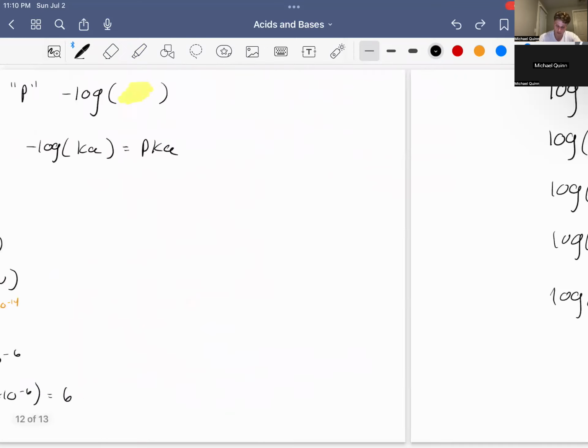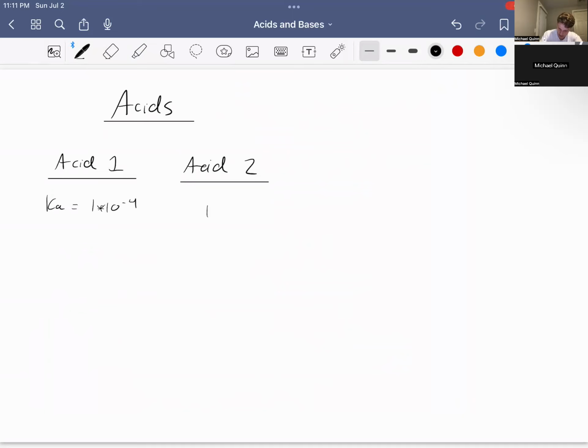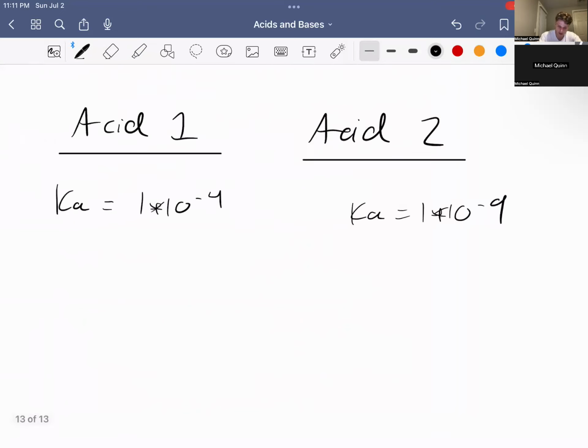It is important to note, if we're dealing with, say, two acids, acid 1 and acid 2. If the Ka for acid 1 is 1 times 10 to the negative 4, and the Ka for acid 2 is 1 times 10 to the negative 9, acid 1 has a larger Ka. 1 times 10 to the negative 4 is much bigger than 1 times 10 to the negative 9.